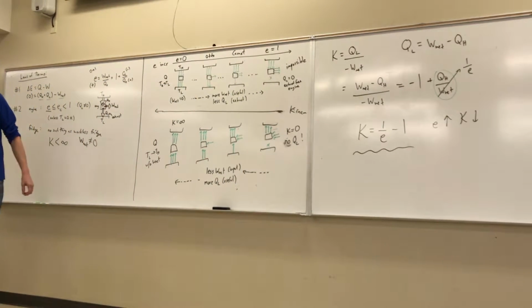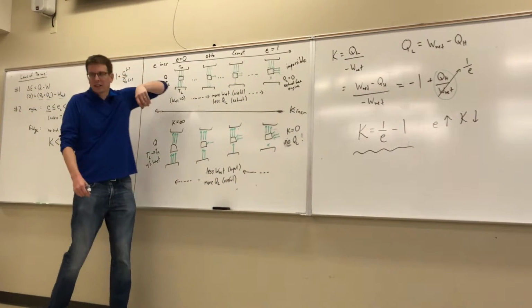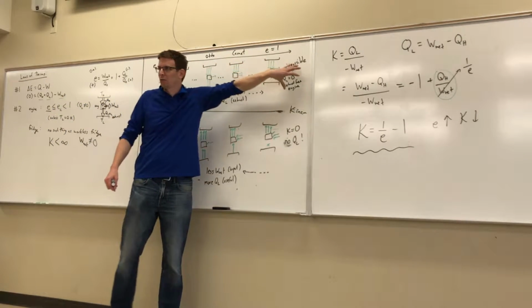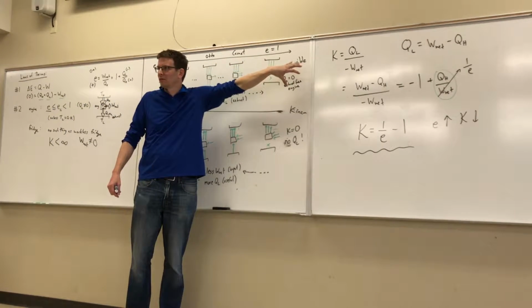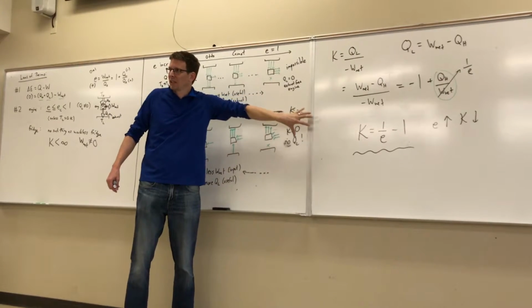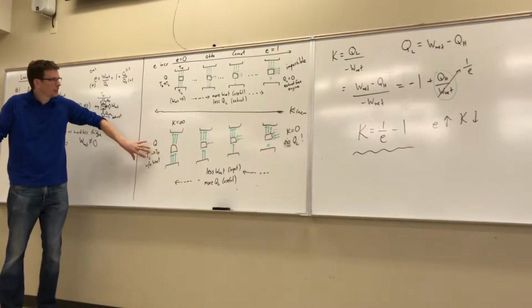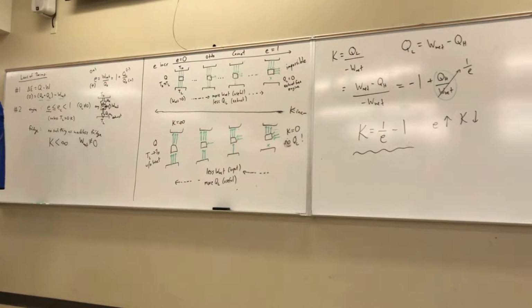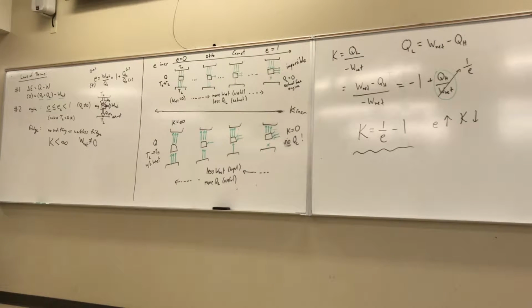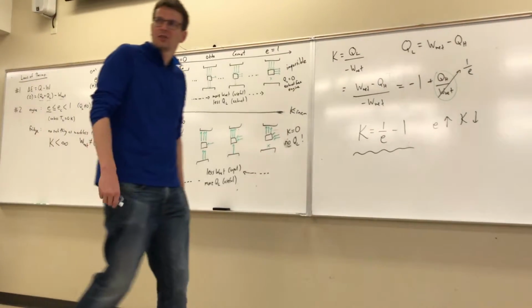So what we see is that as a cycle gets better as an engine, it gets worse as a refrigerator. And likewise, as something gets better as a refrigerator, it gets worse as an engine. Okay? So there are these competing factors.